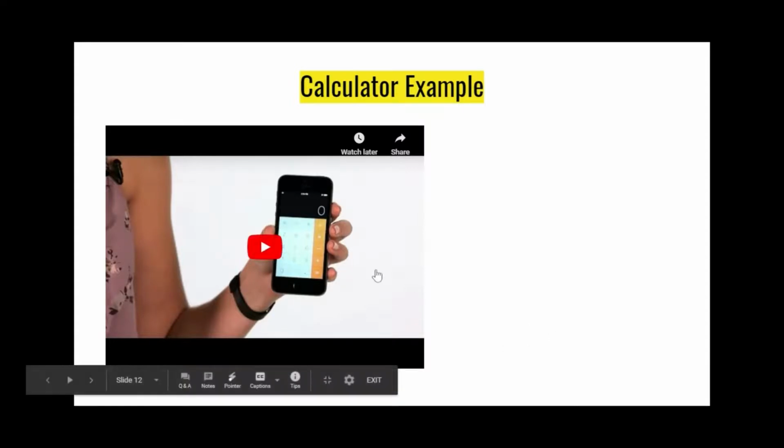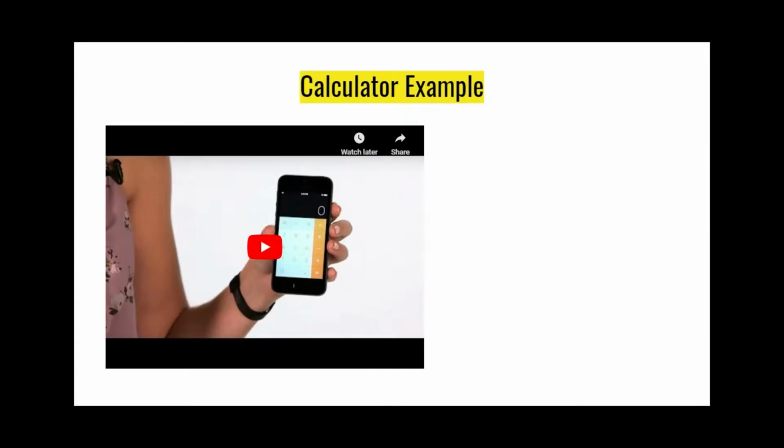So, how do I use this new knowledge that my phone has a scientific calculator to perform scientific notation calculations?